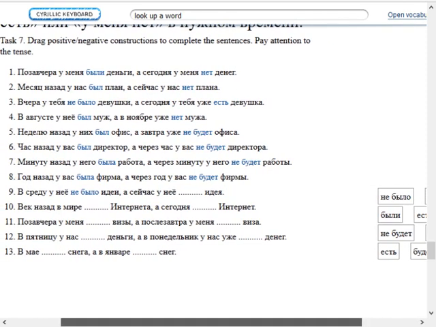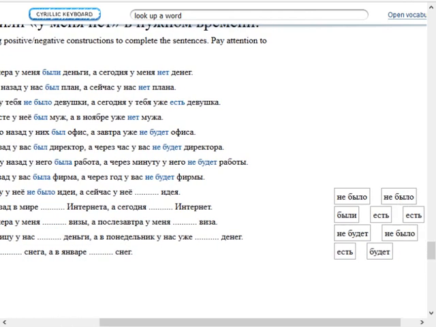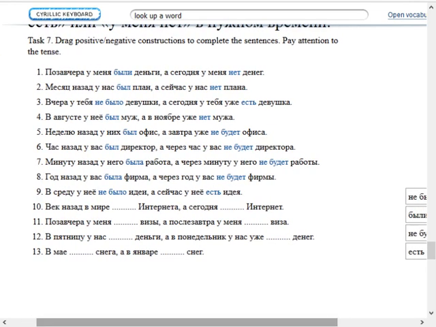So in the past, no idea, but now "у нее есть идея." Okay, there is now an idea. Okay. "Век назад в мире интернета." So a century ago, there was no internet in the world.